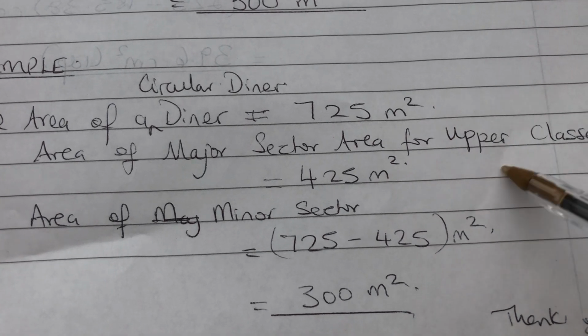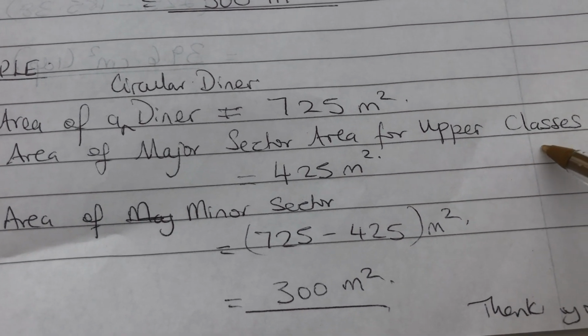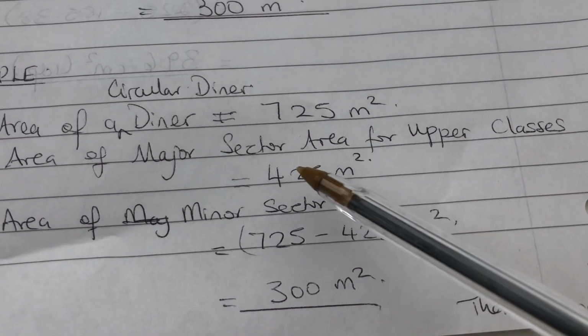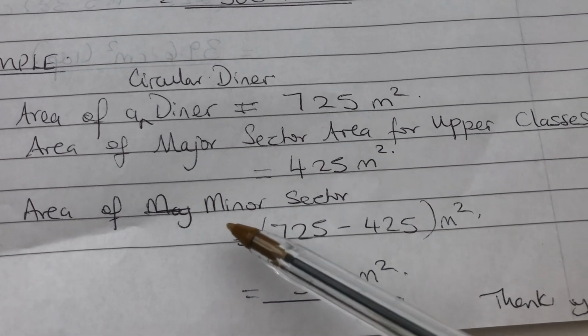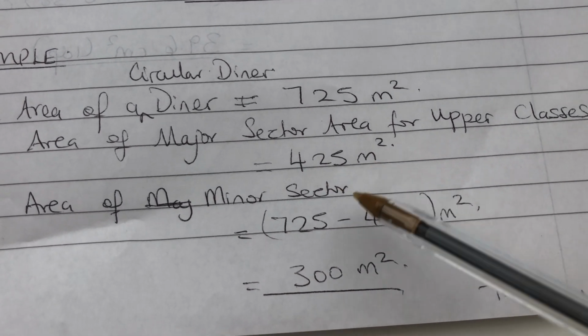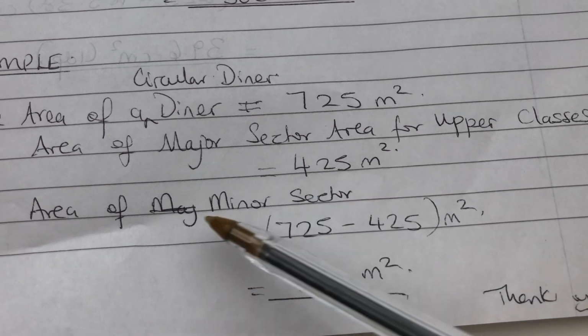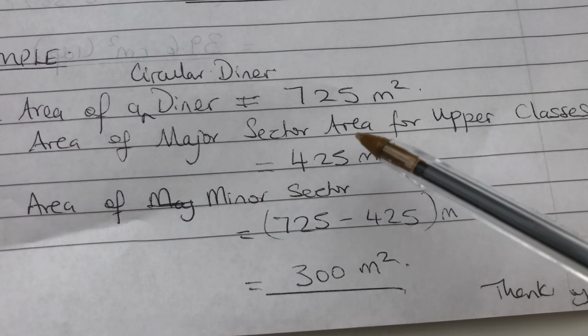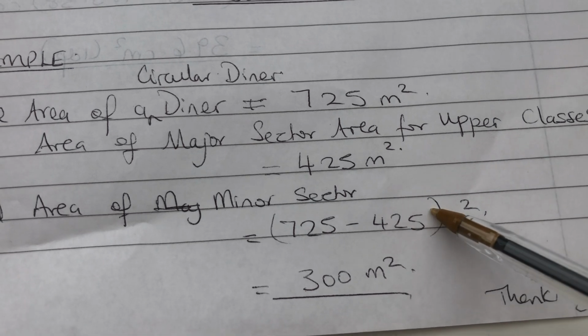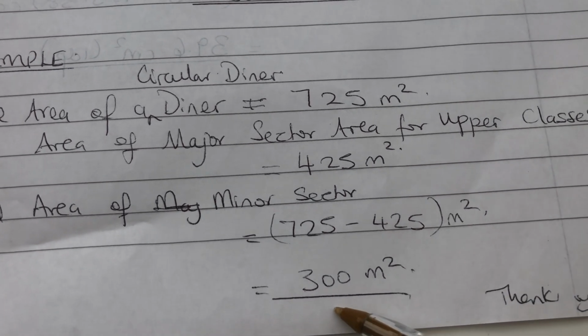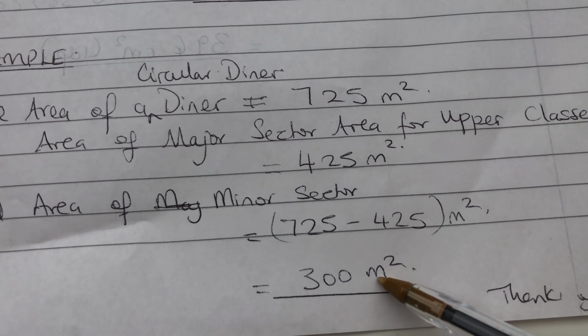That would be an interesting place to eat. The area of the minor sector is, so now you have to subtract, 725 minus 425, which gives you 300 meters squared.